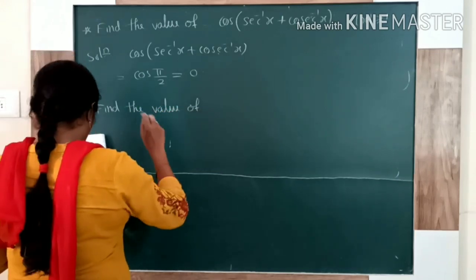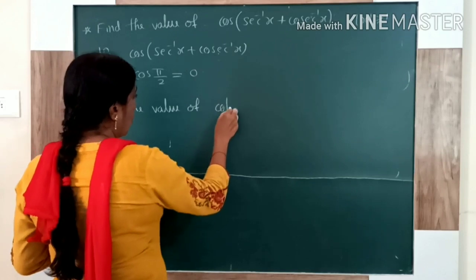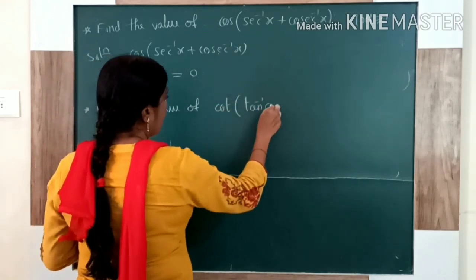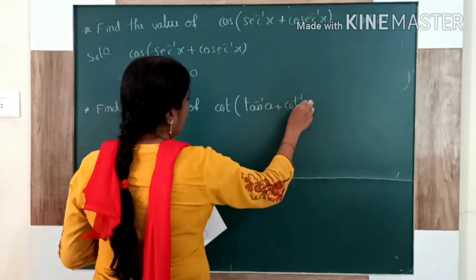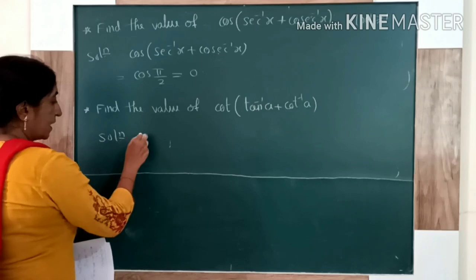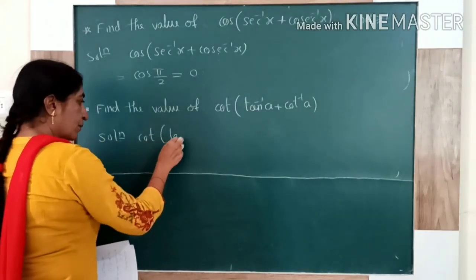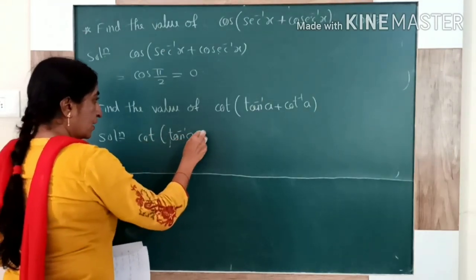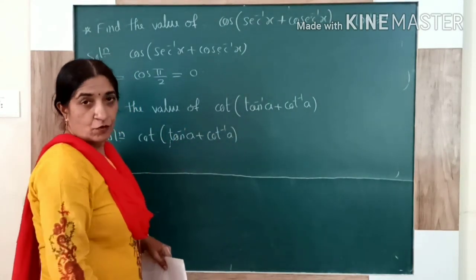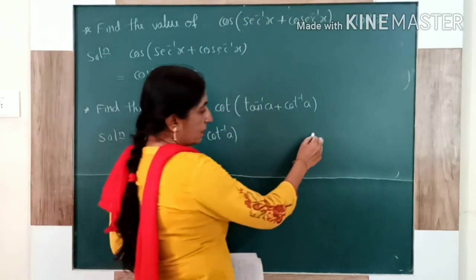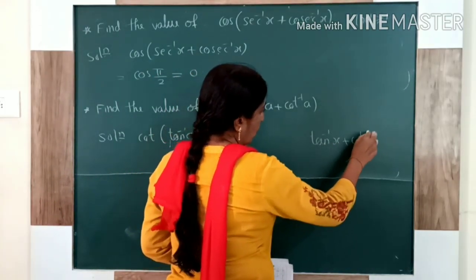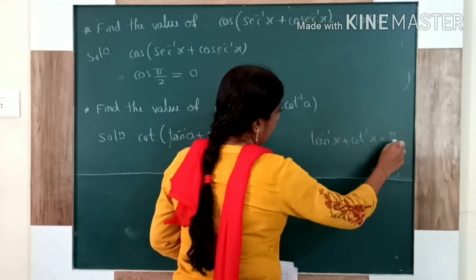Find the value of cot of (tan inverse A plus cot inverse A). First I am writing the given problem: tan inverse A plus cot inverse A. Whatever formulas we derived, one of them is tan inverse x plus cot inverse x equals pi by 2.